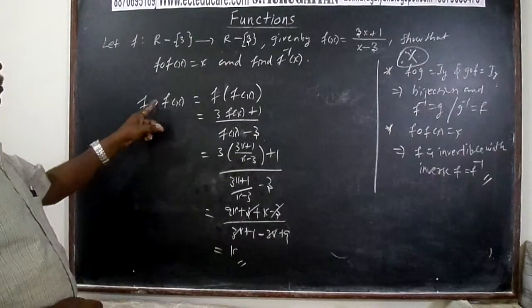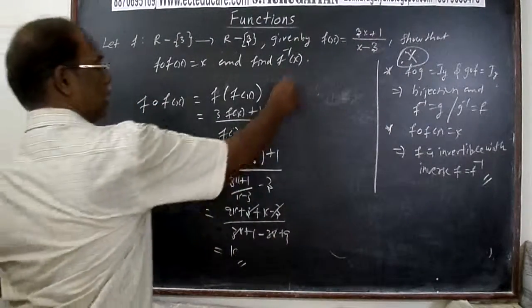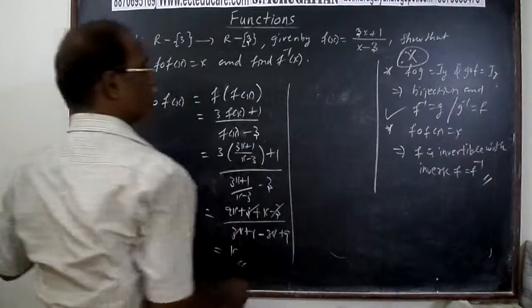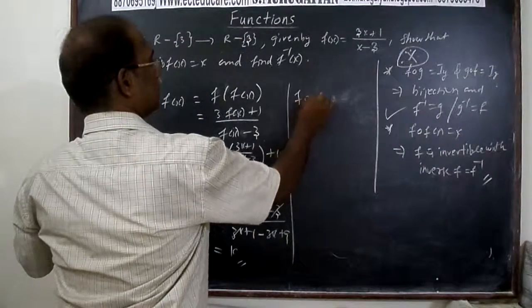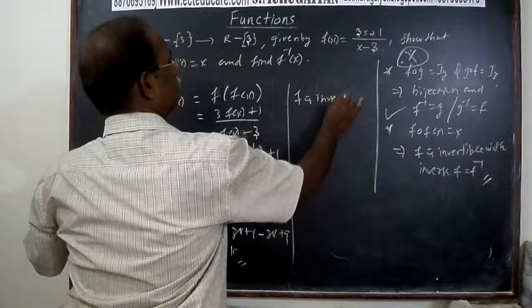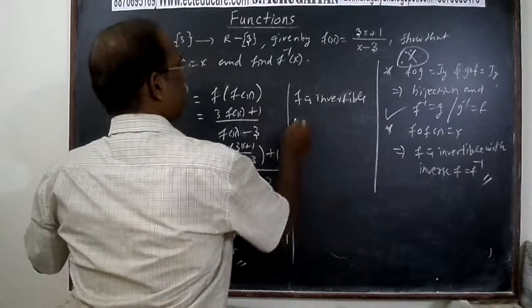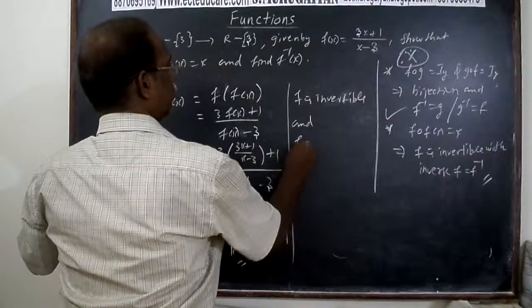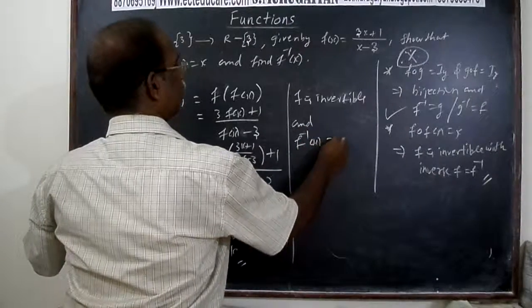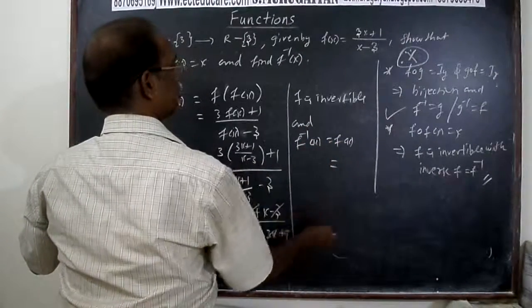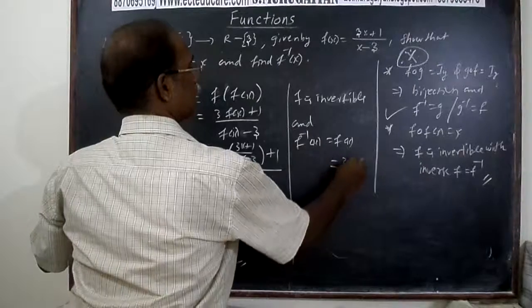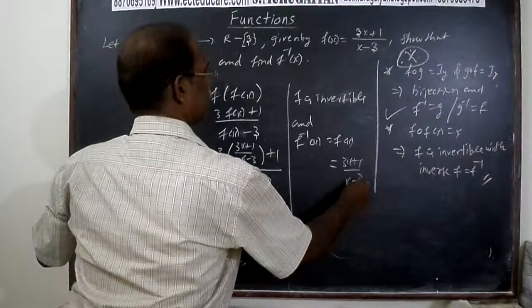Listen, f∘f(x) = x means, according to this rule, f is invertible and f inverse of x equals f(x). So what is f inverse of x? (3x + 1)/(x − 3).